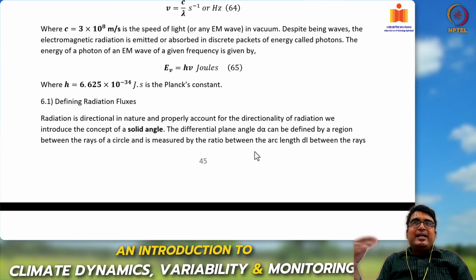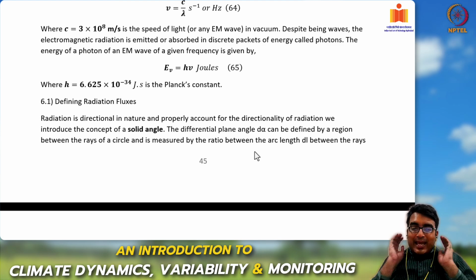So there may be radiation coming from one side of the sky, and different radiation coming from another side of the sky. In general, any emitter may also have a directional dependency of radiation. If you see a light bulb, there may be places where the radiation is being emitted more strongly than in other places. So there may be a directional dependence on both incident radiation and emitted radiation.